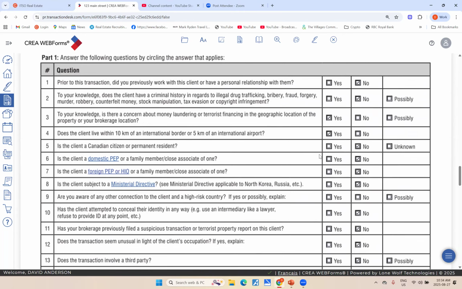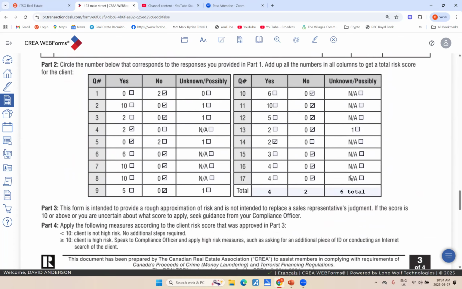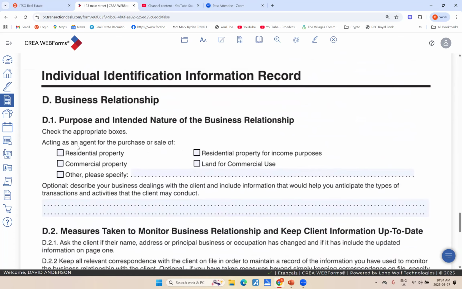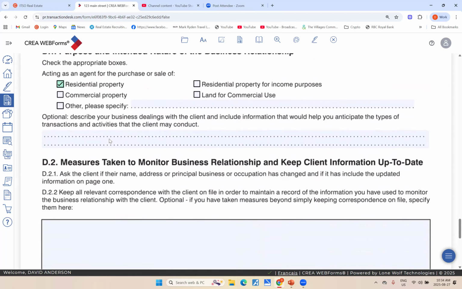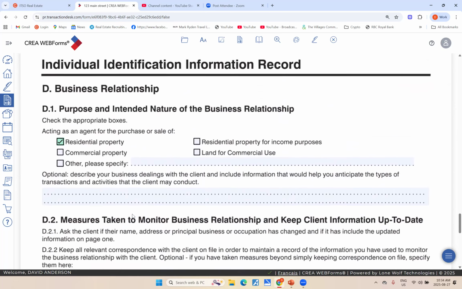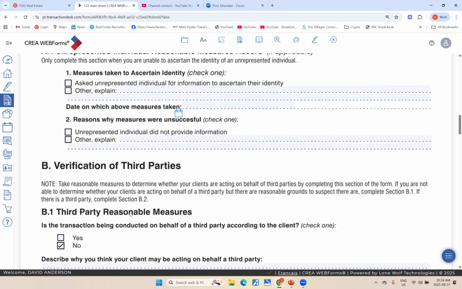C, double check that all of the check marks I put in there are accurate, and make sure that the score is accurate. And then part D, put the residential property and talk to them about, yeah, I double check to make sure that their name and address and principal business or occupation has not changed since I did the last transaction with them. And that should take care of this FINTRAC form.